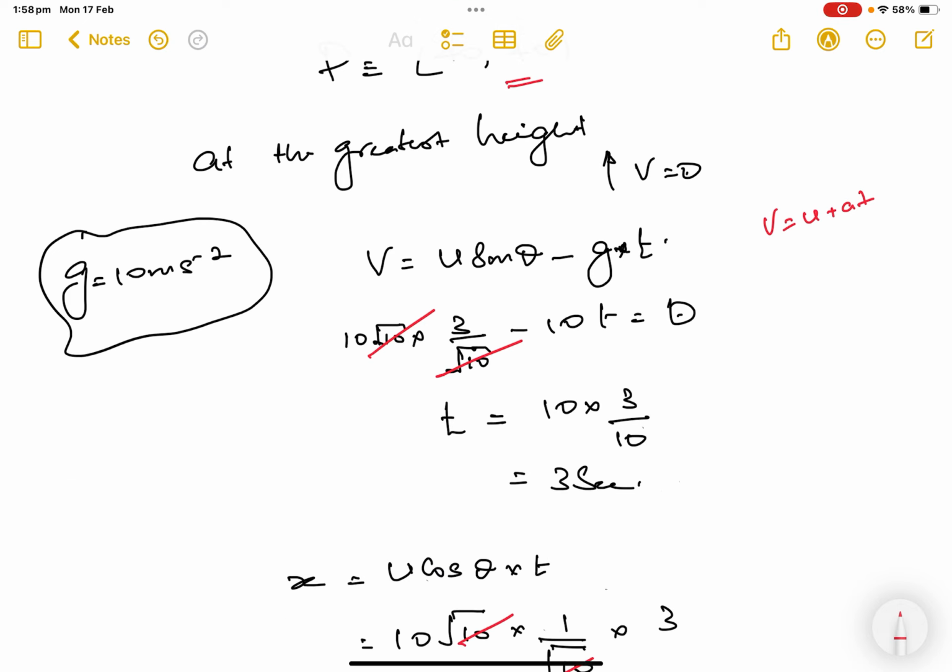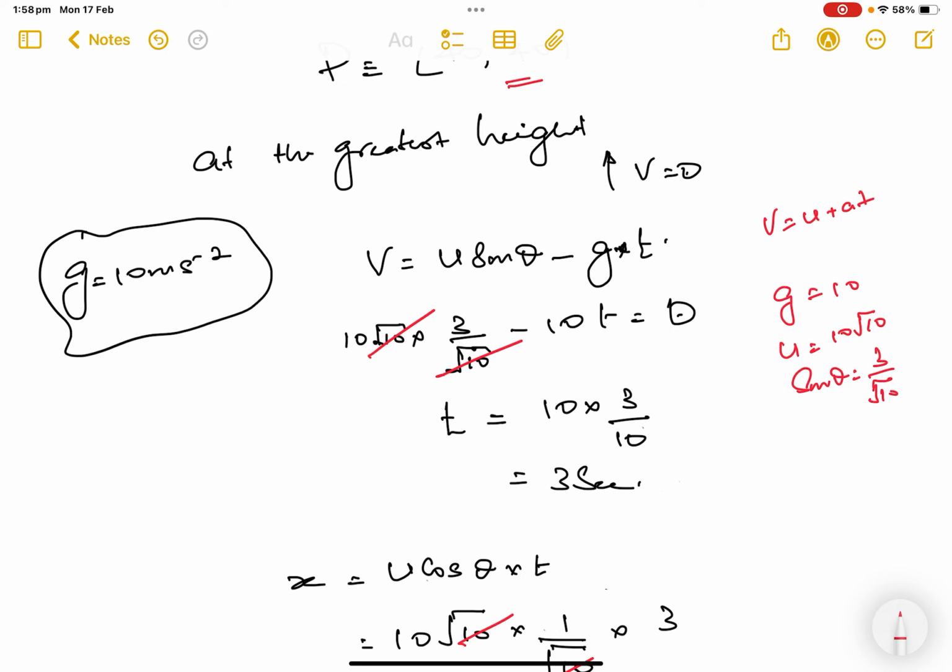V is 0, so this is 0. I bring the u sine theta to this side of the equation. So we know g is 10, u is 10 root 10, and sine theta equals 3 over root 10 from the previous.